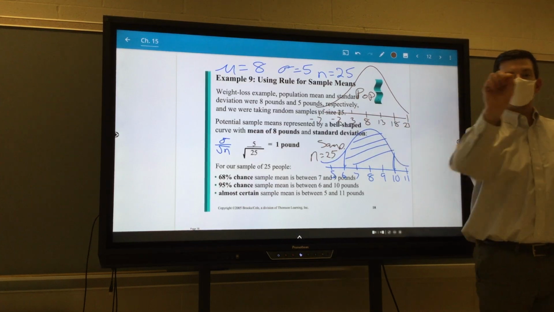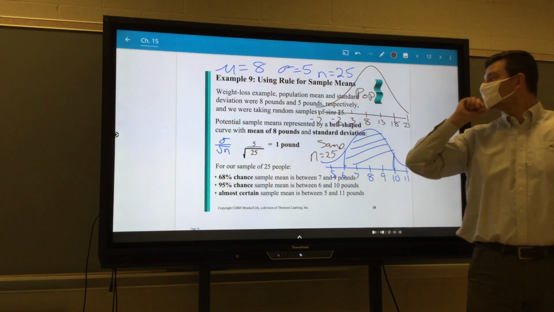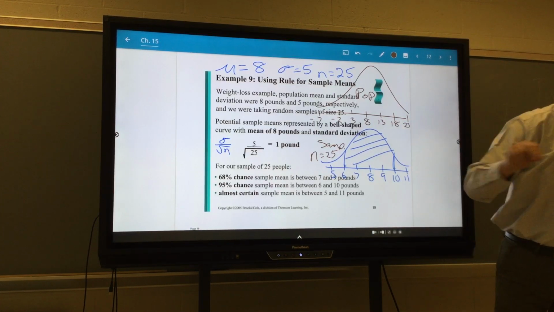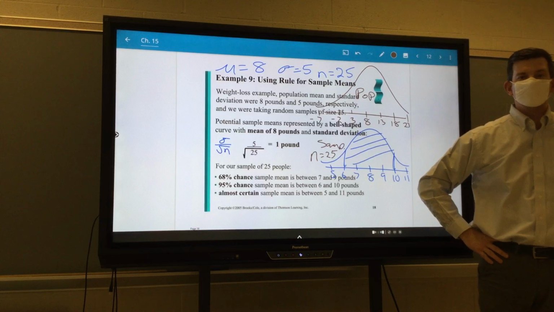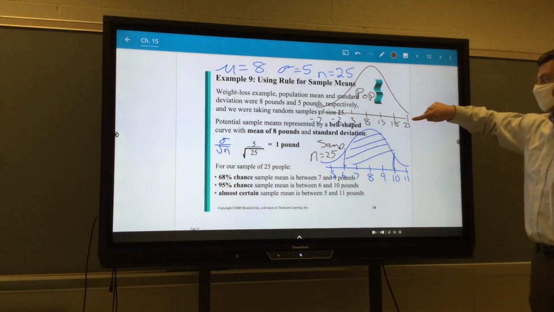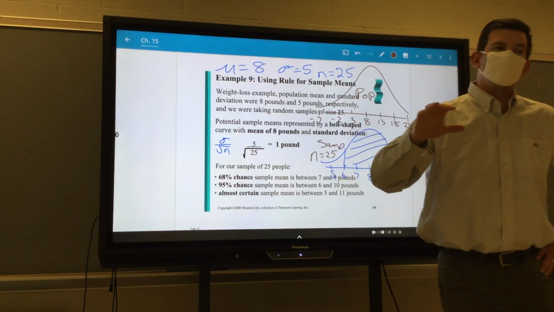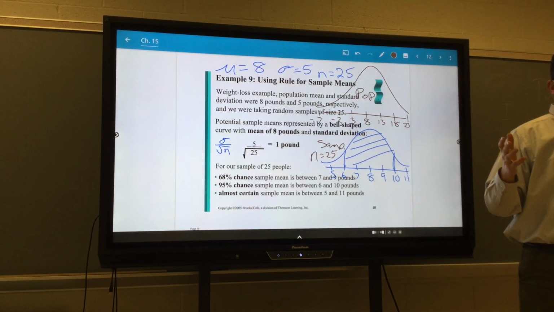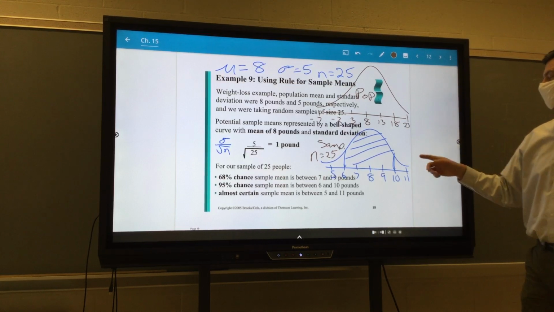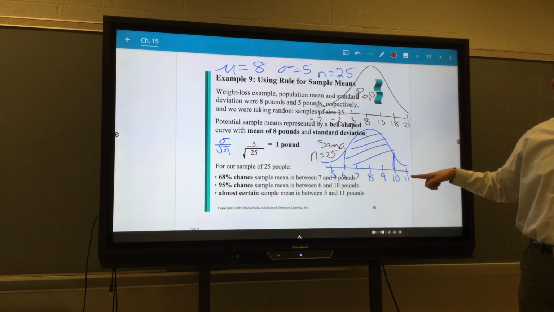In the population, you're looking at an individual person. It's possible that you could get some rock star going to this weight loss clinic and losing 23 pounds. They're at the far end of this curve. We know that extreme values are unlikely, but they happen. But on the sampling distribution, 3 standard deviations to the right is only 11 pounds.